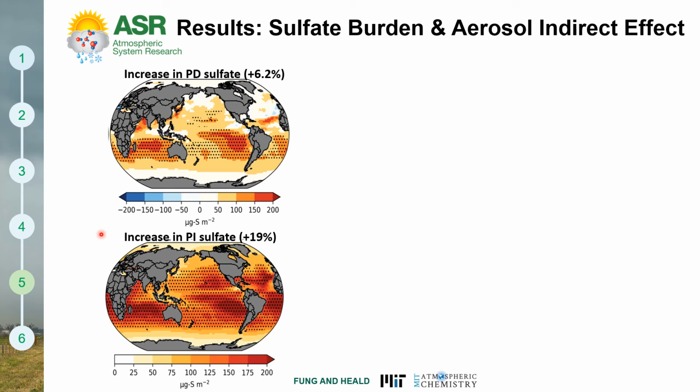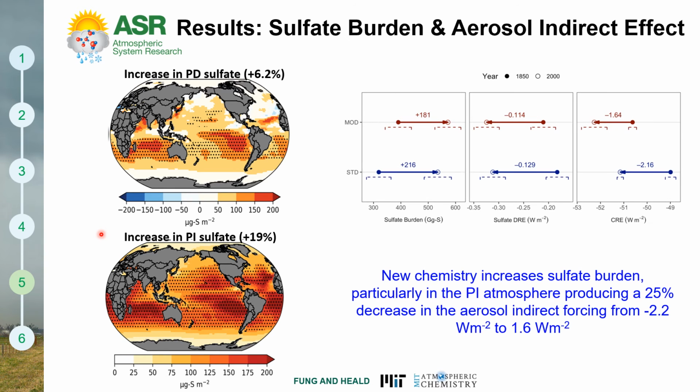So what does this mean in terms of aerosol forcing? Well, I'm going to try and use this figure to summarize that. What I'm showing here on the bottom is a standard, so this is our simplified chemistry, the pre-existing chemistry in the CESM model. All of these figures show a closed circle going to an open circle, that's 1850 to 2000.